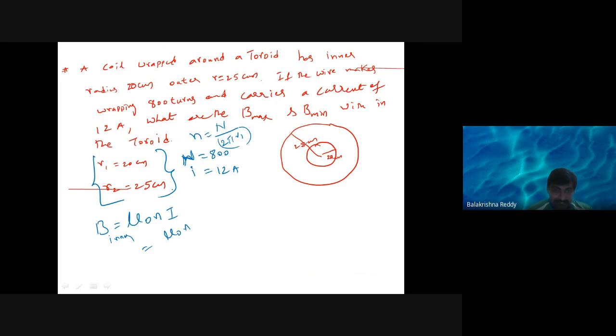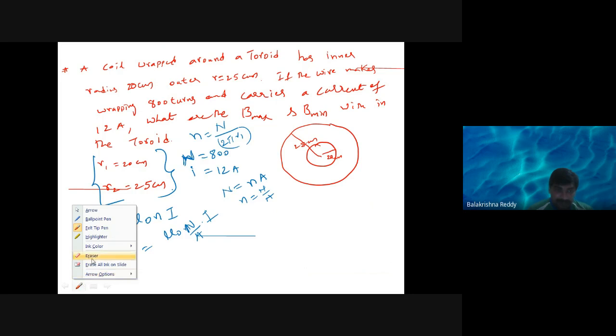Capital N equals n into a, we usually write it this way. So we take N by 2 pi R into I, where I is the current flowing through the toroid wire.